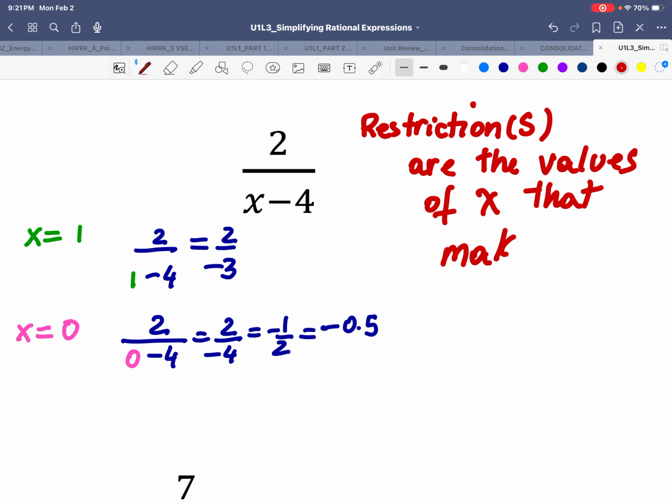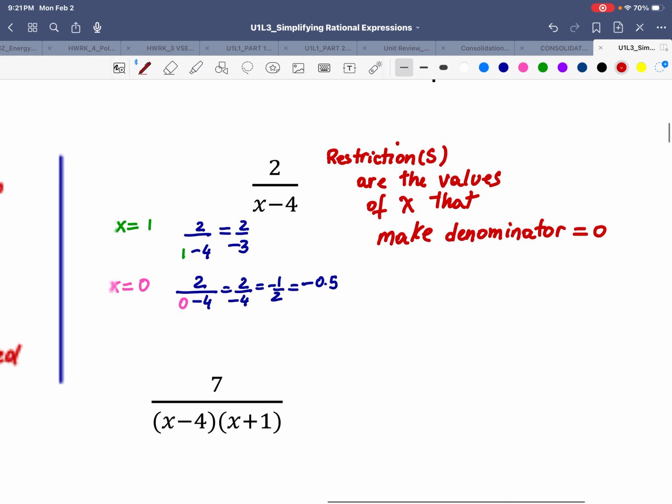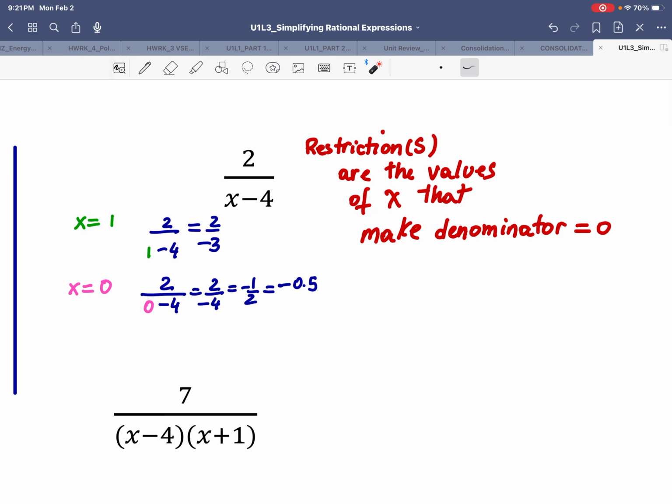So from now on, we are going to define the restrictions faster and simpler. Just focus on the denominator. And as you can see here, we have a denominator of x minus 4. So we're going to say x minus 4 is not allowed to be 0. And this works just like equations.